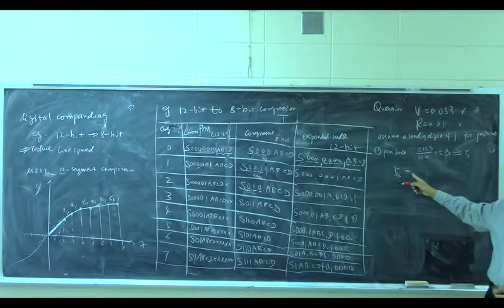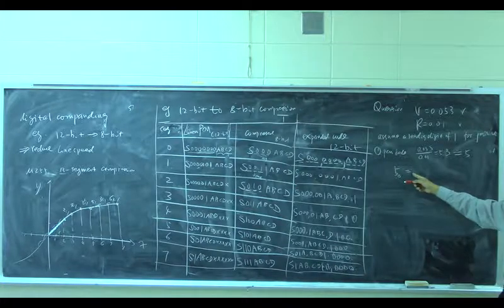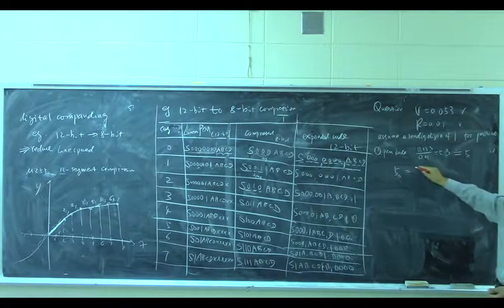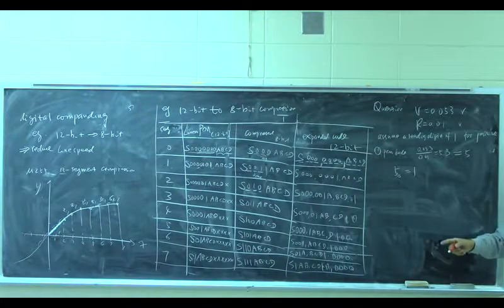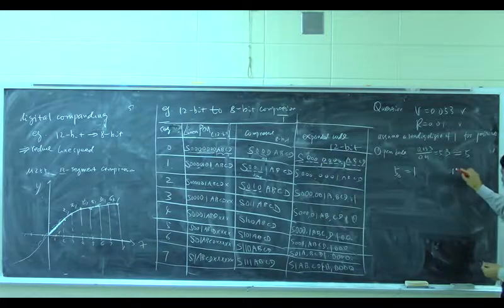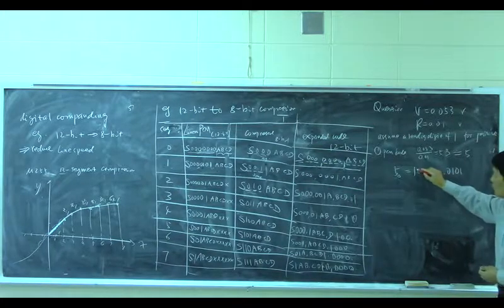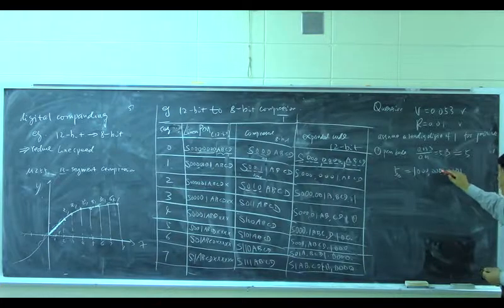And the first digit is the sign, because we assume 1 for positive, so this is 1. And we know this is 101, so that is 101 here, like this. Questions on this? Is this good? That's the PCM 12 digit.